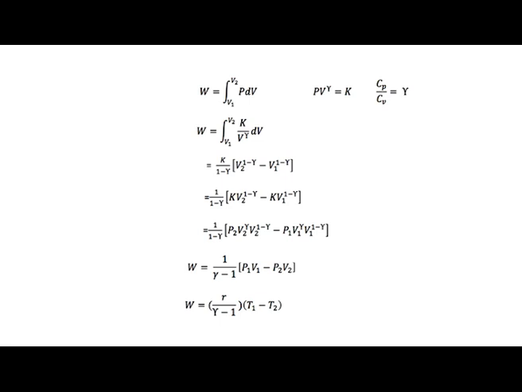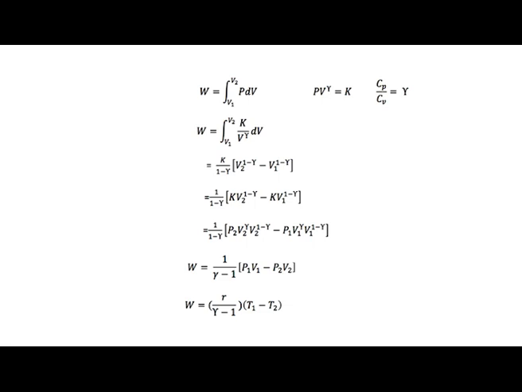Specific heat of gas at constant pressure is defined as the quantity of heat required to raise the temperature of unit mass of gas through 1 Kelvin when the pressure is kept constant. Here W is equal to integral V1 to V2 K by V raised to gamma dV. Here we substitute pressure. In the previous equation, PV raised to gamma is a constant K, then P is equal to K by V raised to gamma.